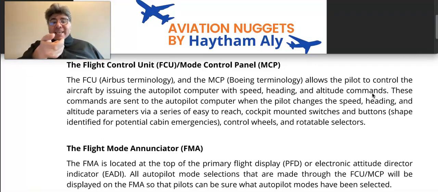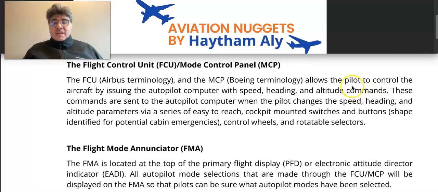But pull to select: when I pull on the rotary selector, I select a certain heading or a certain altitude or a certain airspeed, to allow the autopilot to be updated with that new input and fly the aircraft on this parameter selected by the pilot.